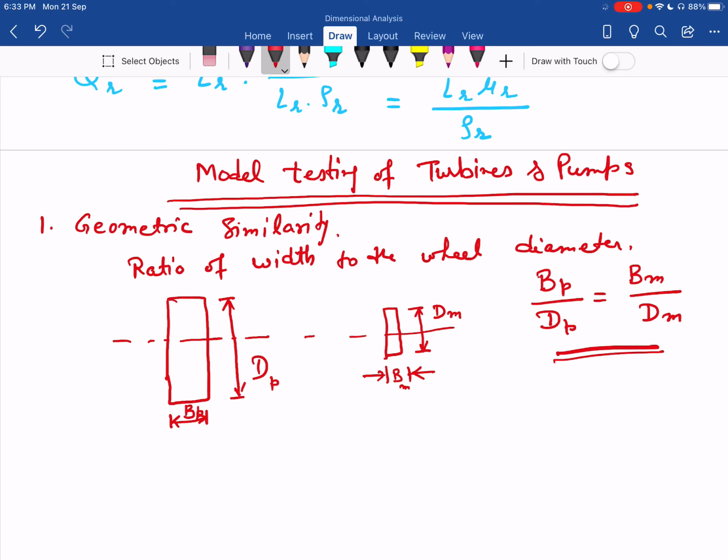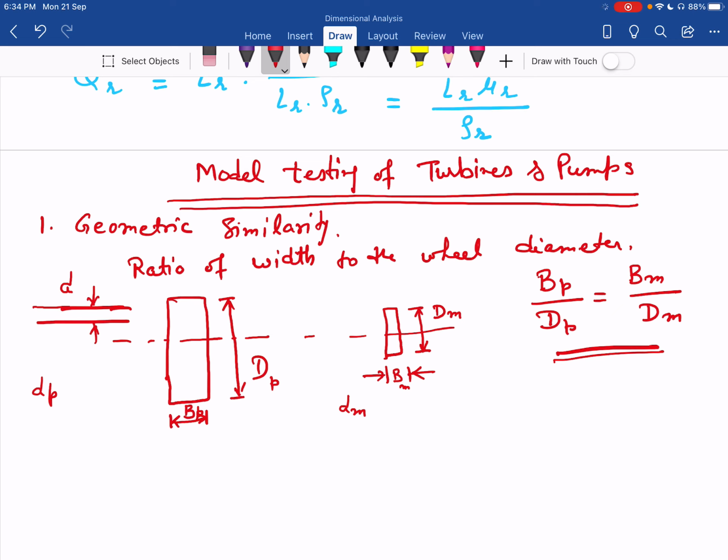Now similarly, in case of a Pelton turbine, the jet comes out from the nozzle and strikes the bucket. Say the jet diameter is small d. For the prototype we call it dp and for the model we call it dm.